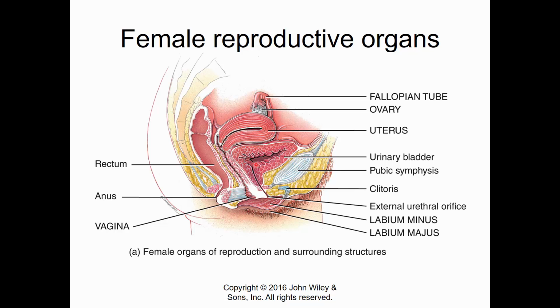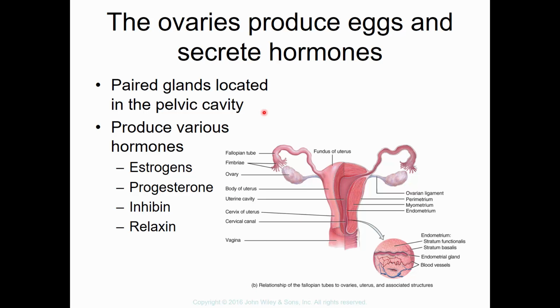In males, the reproductive and urinary tracts share a common urethra, but there is a separate opening for the urinary tract in females, and the urethra is much shorter, and so anatomically females are more vulnerable to bacterial infections, just because the bacteria have a shorter distance to travel in the retrograde direction. You see over to the side here a little bit of the fallopian tubes, the openings that sort of surround the ovary, and then there's the major reproductive organ, the ovary.